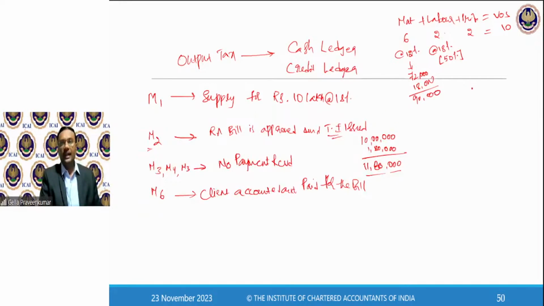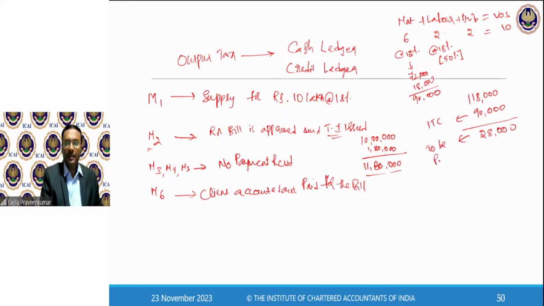Now, when I have to pay my output tax, 1,18,000 is my output tax, of which 90,000 happens to be my input tax credit. So the gap between these two, 28,000, is to be paid in cash.